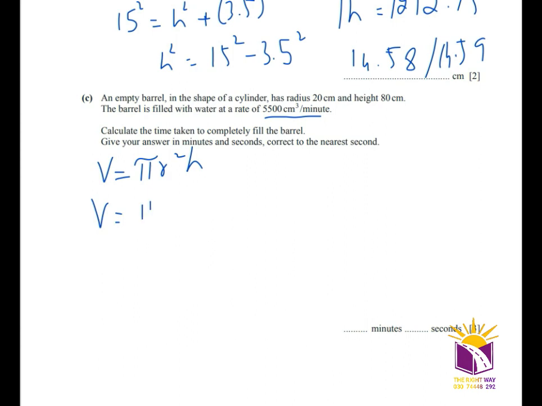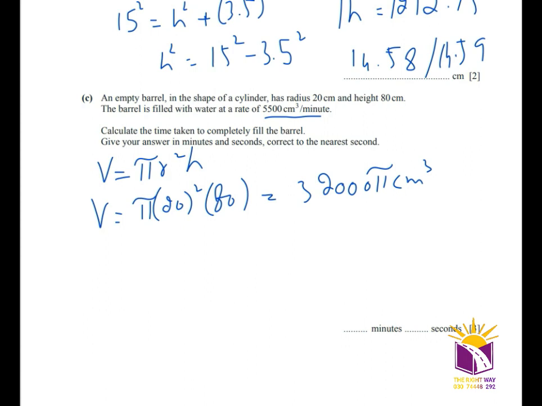Volume will be equal to pi 20 square multiplied by 80, which will be equal to 32,000 pi centimeter cube.